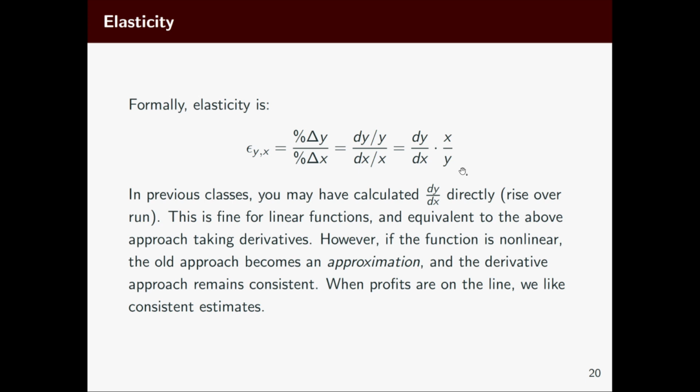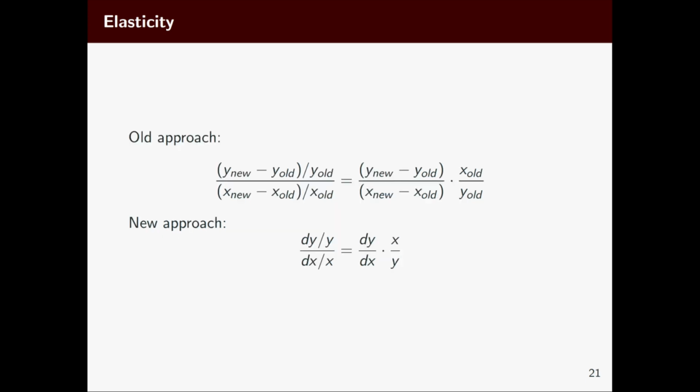Okay, so you did this way back in AgEc 105 or your first econ courses. You could do this with a straight line by just calculating rise over run for your demand curve multiplied by the original quantity demanded divided by the original price, for example.